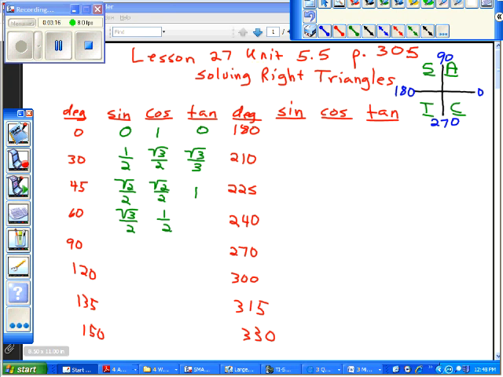The tangent of 60 is square root 3. Very good. The sine of 90 is 1. The cosine of 90 is 0. And the tangent of 90 is mathematically undefined because you would have a division by 0 error in the calculation of it. Those are what you're supposed to memorize.